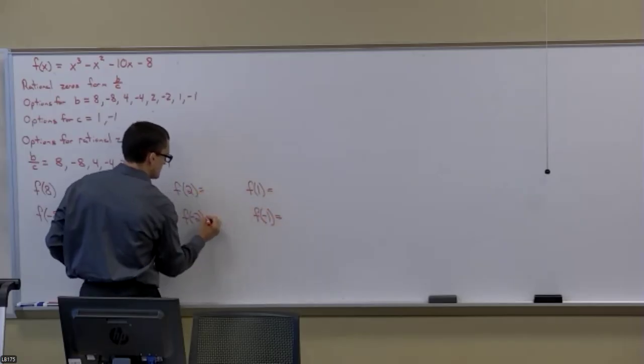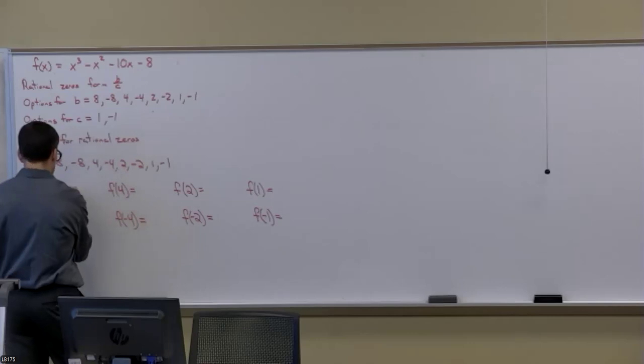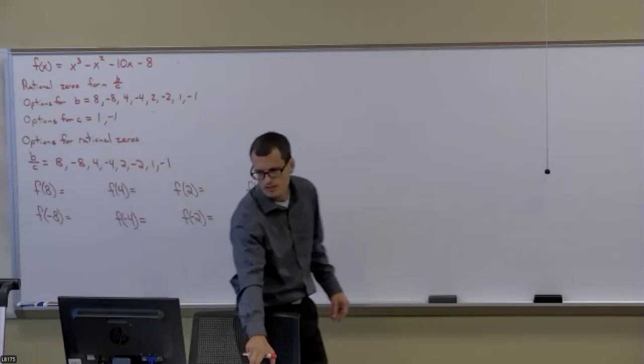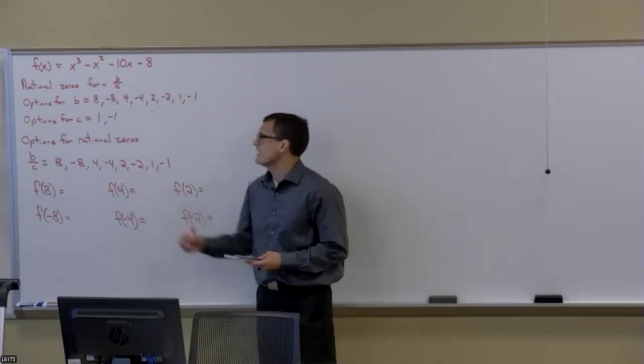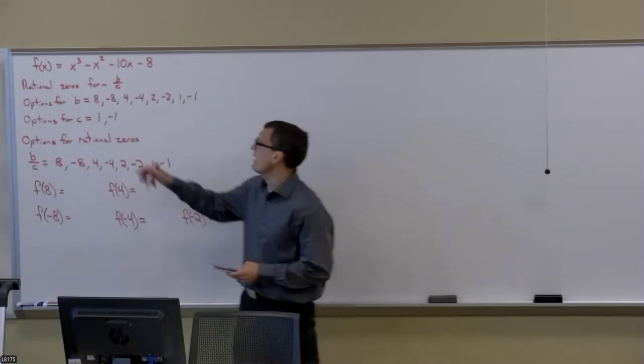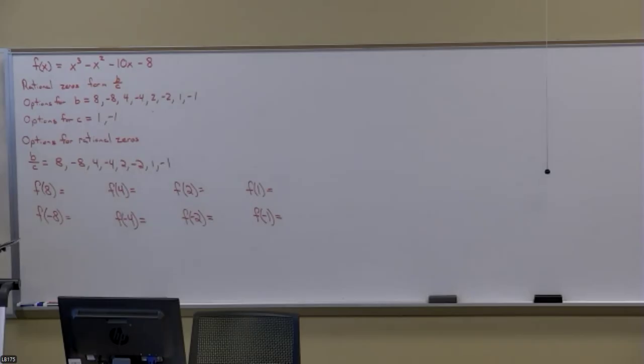And in each case, we'll just calculate what happens. Let's start by plugging in the 8. 8 raised to the 3rd power minus 8 raised to the 2nd power minus 10 times 8 minus 8 gives me 360.